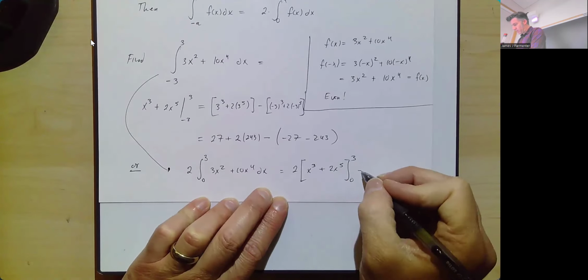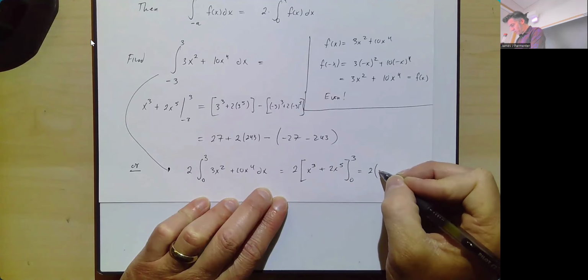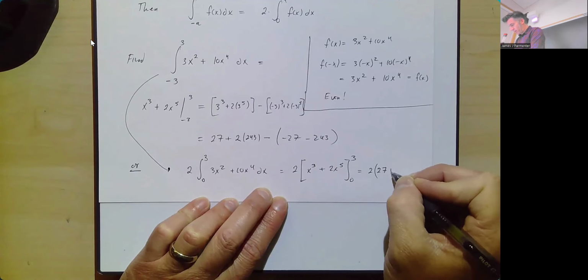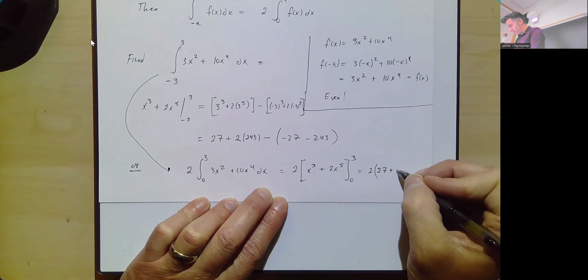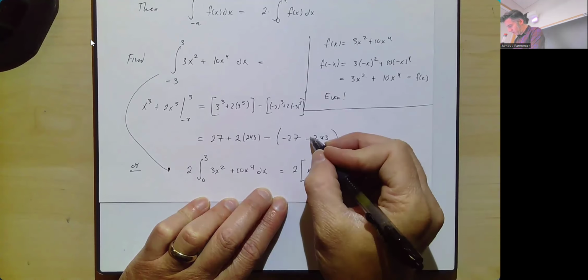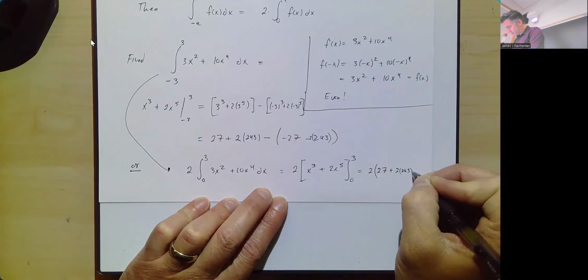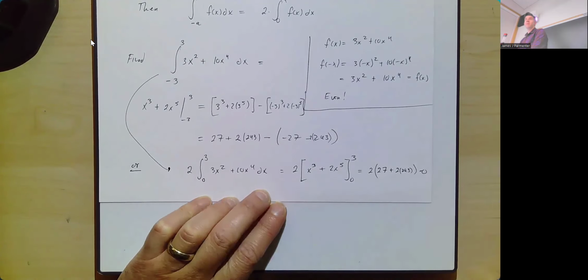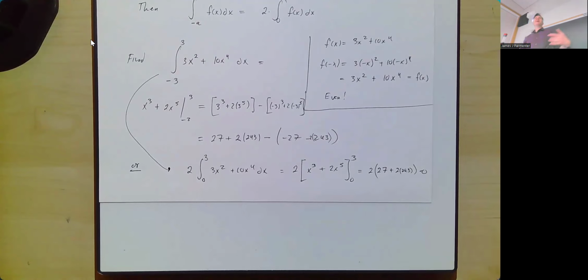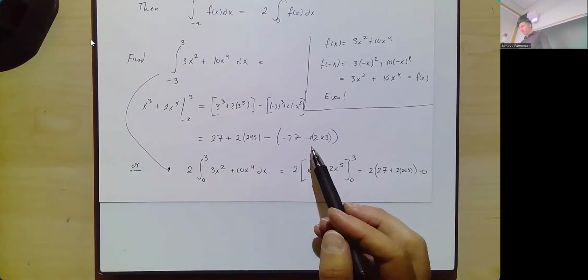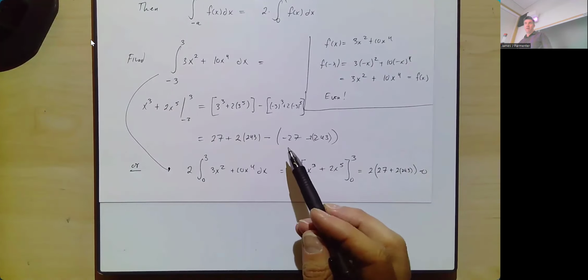And then we're going to get 2 times 3 cubed plus 2 times 3 to the 5th. Oops, I forgot the 2 here. See, mistakes. Minus 0. Again, not a huge savings in work, but it does save you the distress of maybe screwing up a minus sign over here.